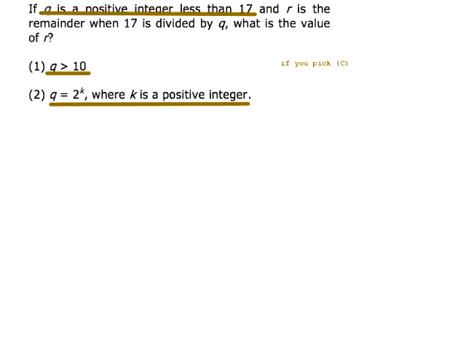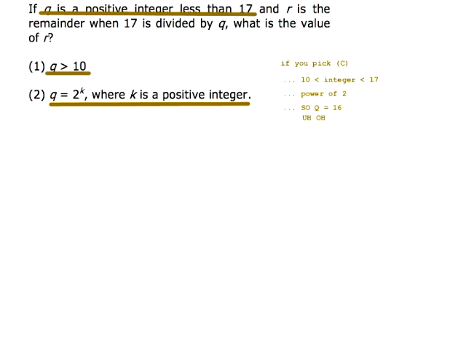So you know that it's an integer less than 17, but you know that it is also greater than 10, and you know it's a power of 2. So you would know that Q is 16.